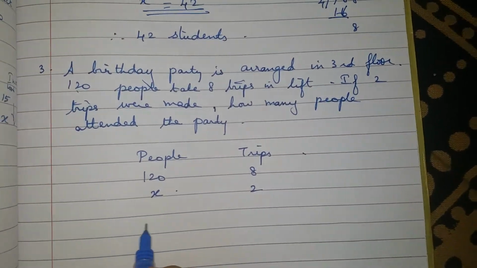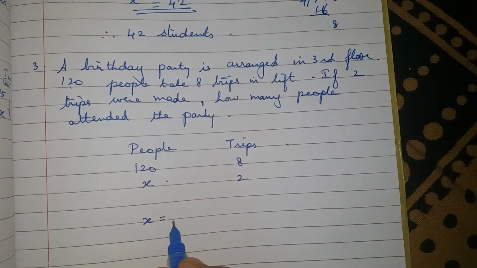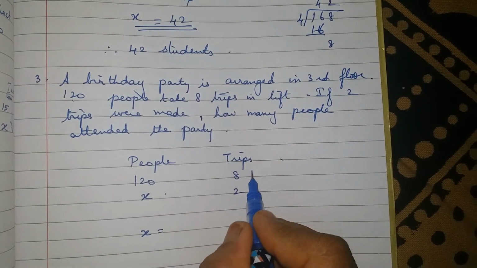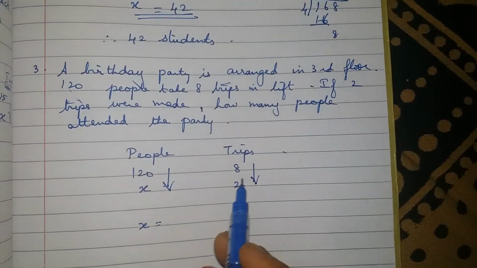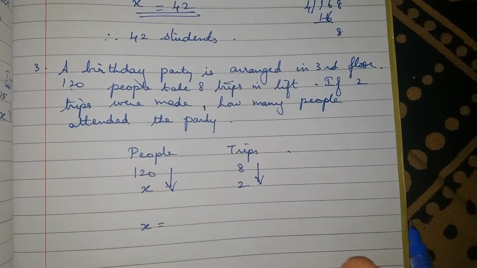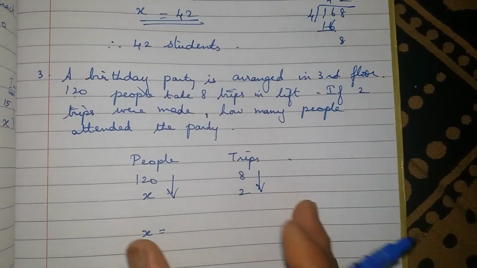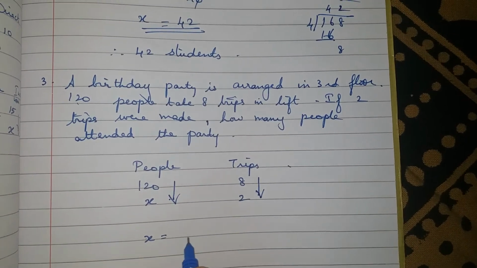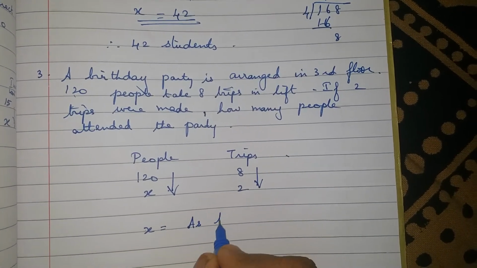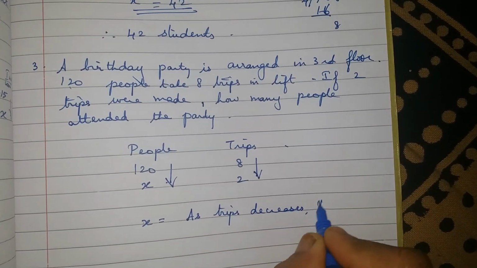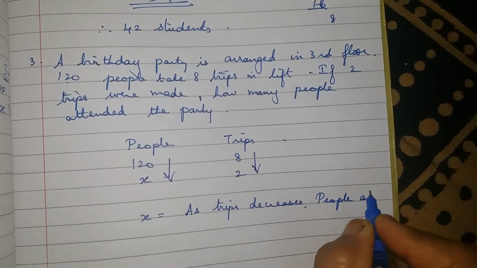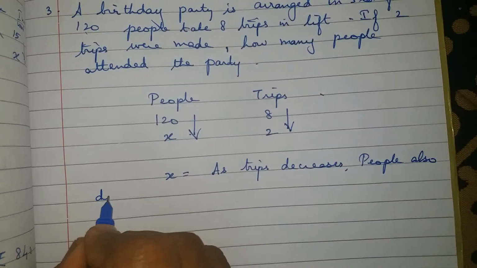So it is x is equal to, I told you, here number of trips has decreased. So people also decrease. So both the values are decreasing. If both the values increase or both the values decrease at the same time, it is said to be direct variation. So you will write as trips decreases, people also decrease.